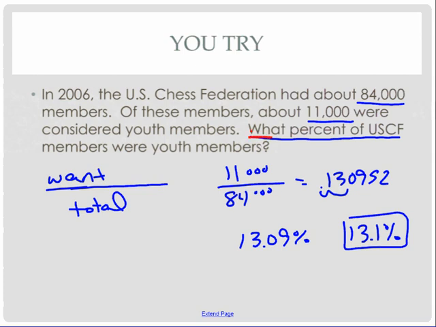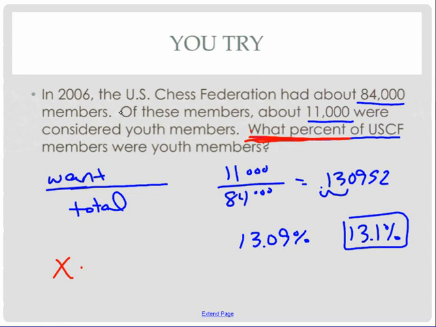So, what percent? Well, if it says what, that's something I don't know, and I will call it X. Of, what did we say of means? Of means multiply. Of USCF members.